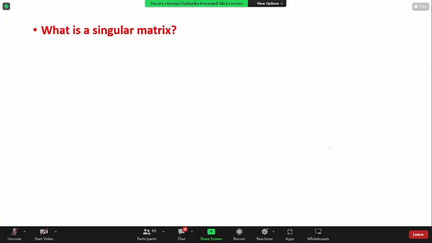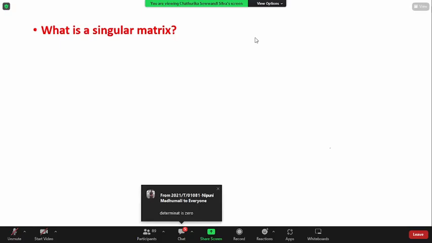If you have learned determinants, you should know this. What do you mean by the singularity of a matrix? Anyone? Yeah, the determinant is zero.